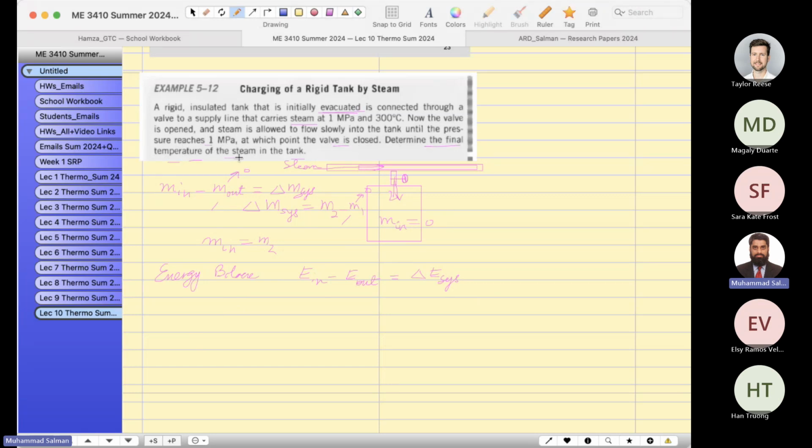Determine the final temperature of the steam. So we have to find out the final temperature of the steam. There is no heat and no work entering or leaving the system, no work on the system or by the system.